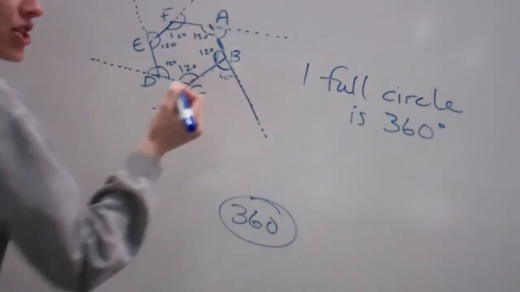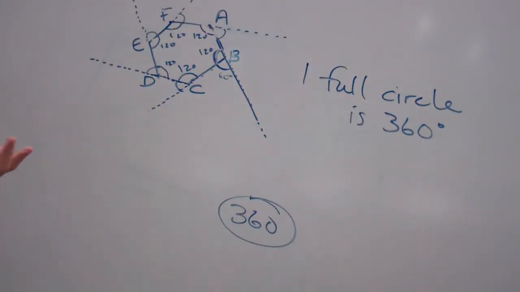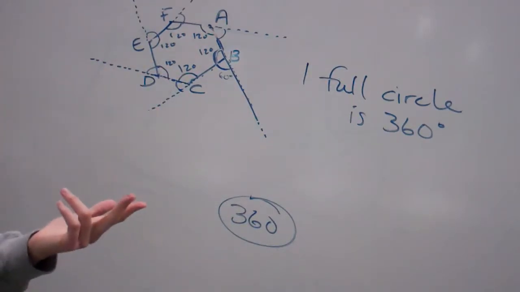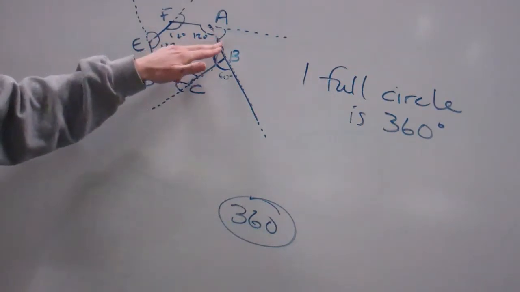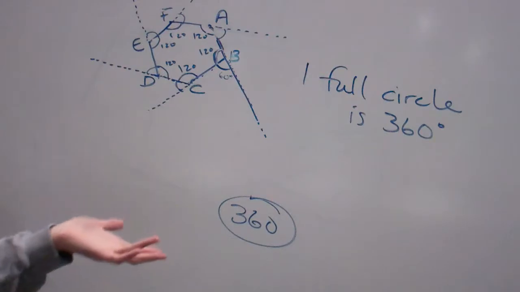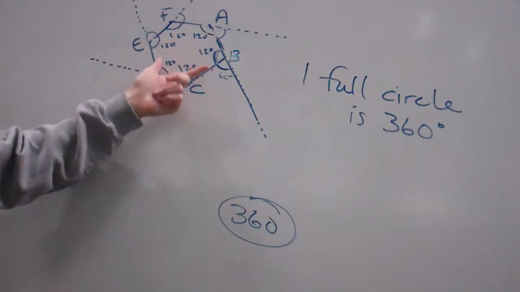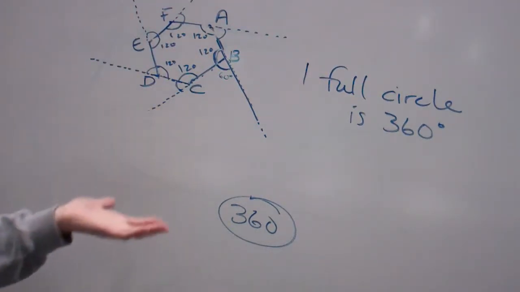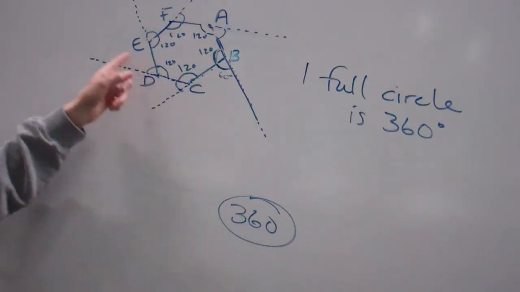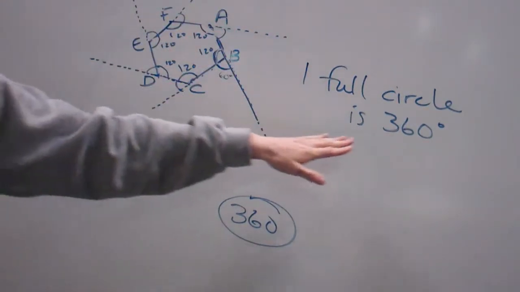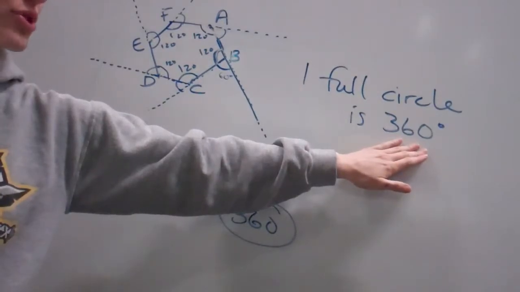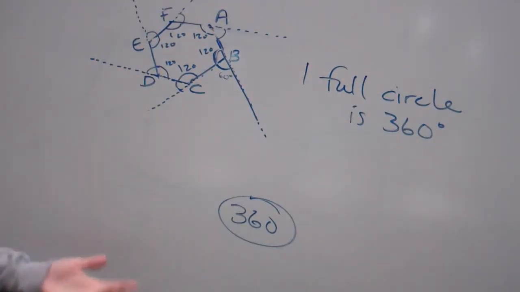So you could have actually discovered the answer 60 two different ways. Okay? You could have seen this straight line and said, okay, straight line equals 180, 180 minus 120 is 60. I got it. Or you could have said, okay, I have 6 exterior angles and a full circle is 360 on the outside, so therefore 360 divided by 6 different measures gets 60. Does everybody understand?